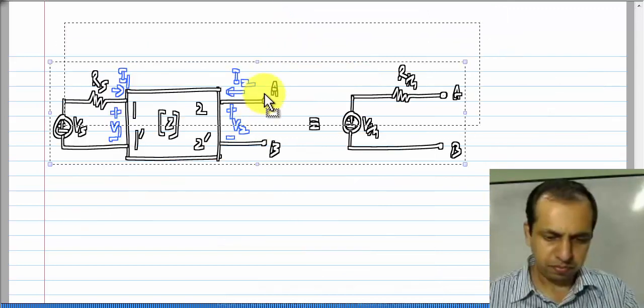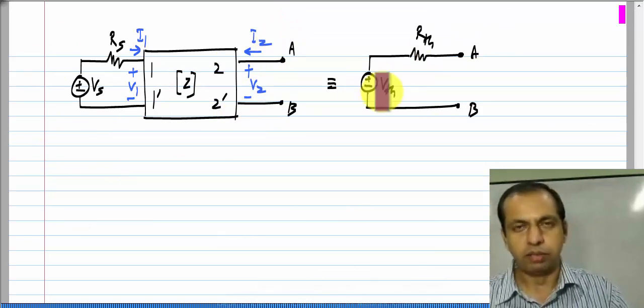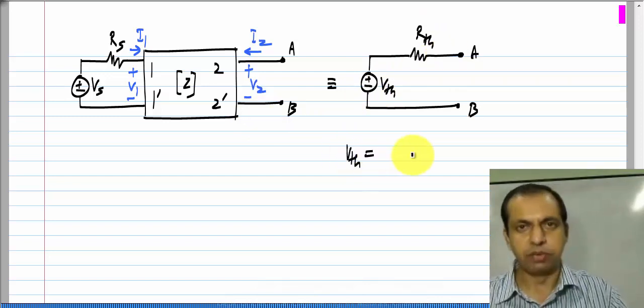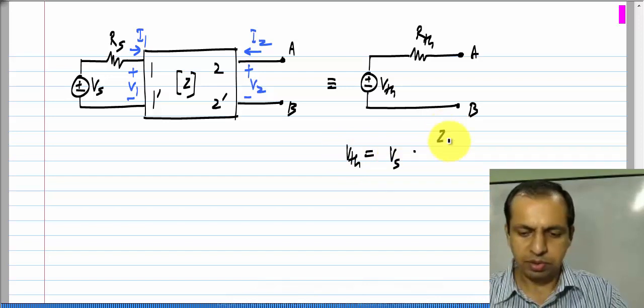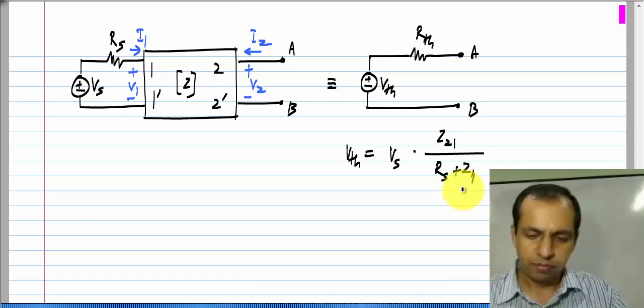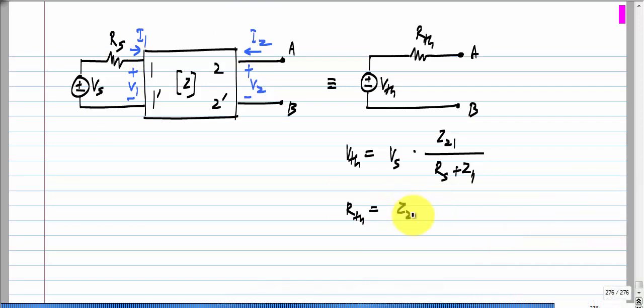So, this whole thing, and it could even be a lot more complicated than this, is equivalent to a Thevenin source in series with a Thevenin resistance, where the Thevenin voltage source is given by Vs times Z21 by Rs plus Z11. You see that it is dependent on this network as well as the voltage source and resistance connected to it, and RTH is Z22 minus Z21 Z12 divided by Z11 plus Rs.